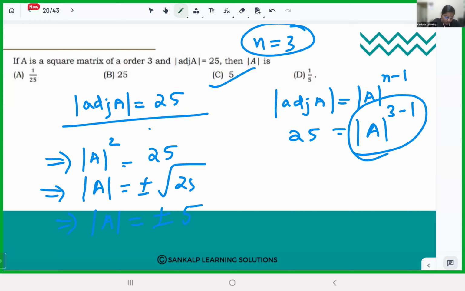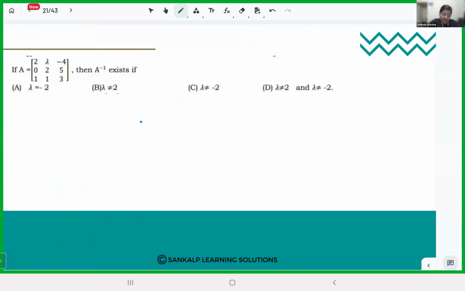Okay. Now we are moving on to the next question. So you have been given a matrix A and A inverse exists. You have to find out the value of lambda such that the inverse of that matrix exists. When can you say that the inverse of a matrix exists? When the matrix is non-singular.